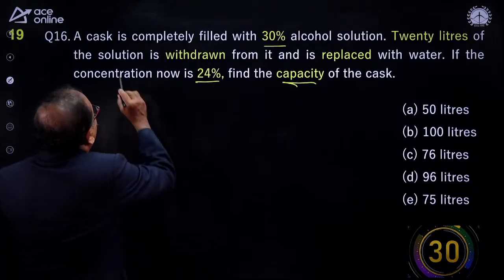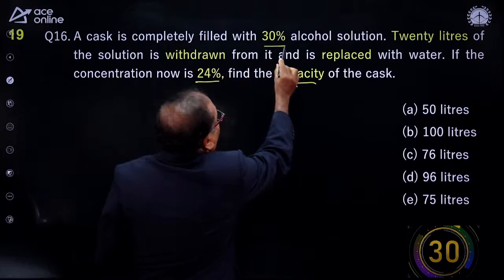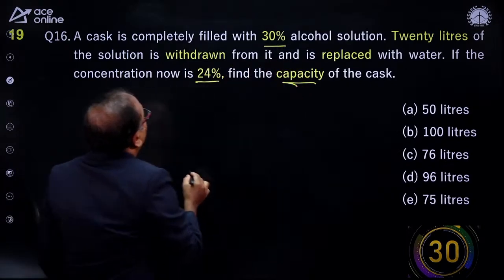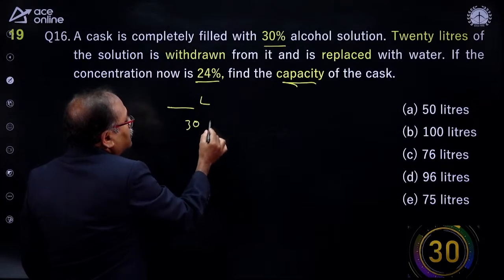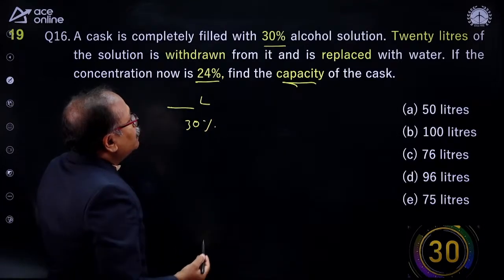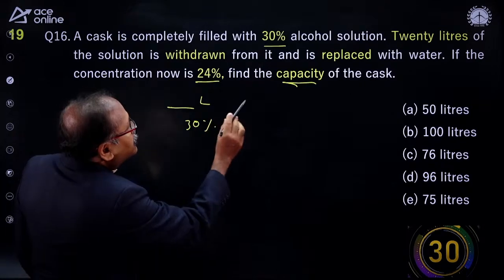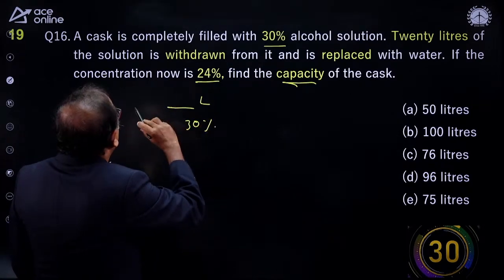No. I will go with answering the question here. It is filled with 30% alcohol. So I don't know how many liters are there. I know here 30% alcohol is there. Now you have taken out 20 liters of the solution.